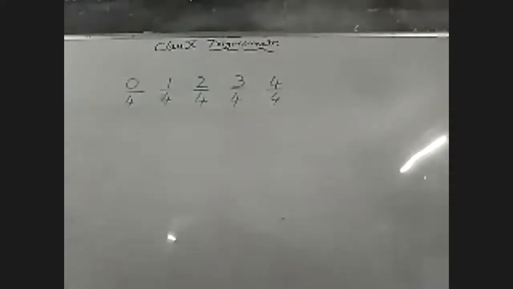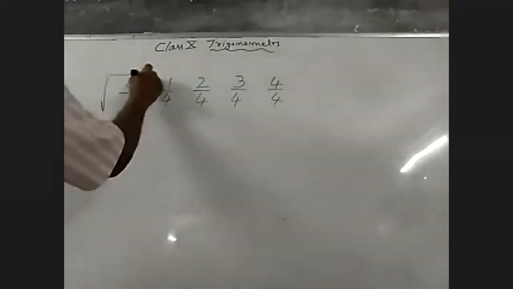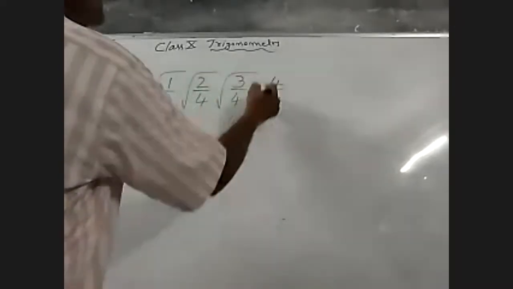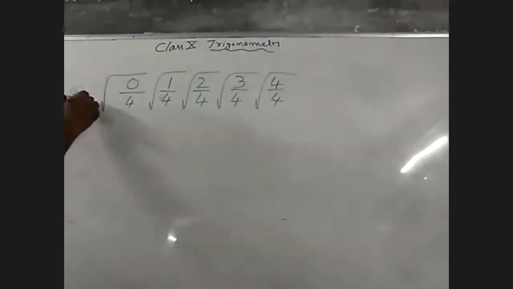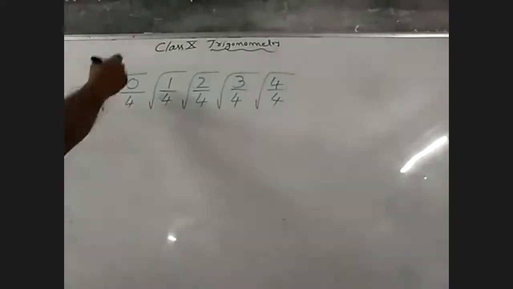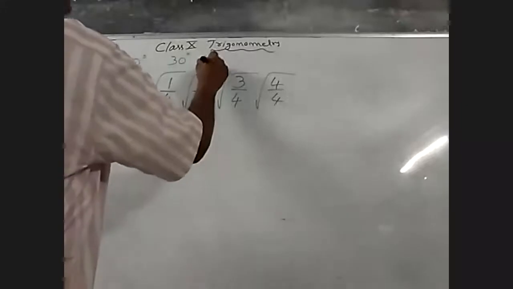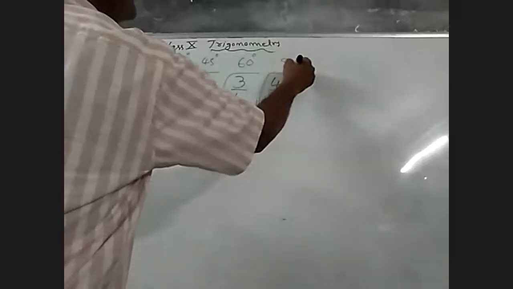Second step is dividing all the numbers by 4 and taking the square root. Write down in your notebook. Take the square root of all the numbers, and you will get sine values. Sine theta: this is 0 degree, 30 degree, 45 degree, 60 degree, 90 degree.